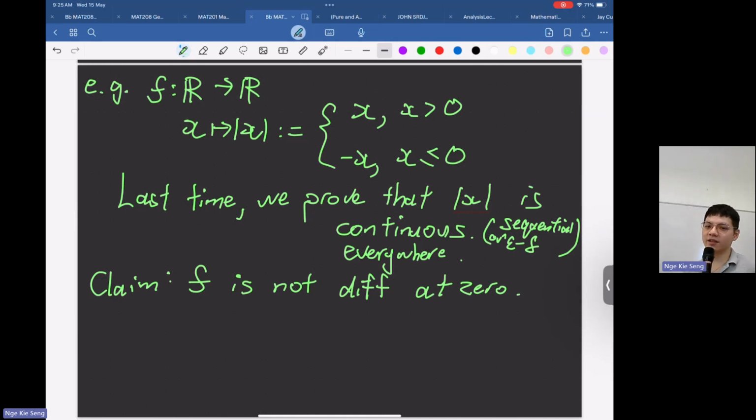So how to prove the limit of the secant doesn't exist? You need to find two subsequences that converge to two different things to show something is not converging. This is one way. Or you show that the limit diverges. There are a few ways. Last time we learned. So how to show a limit doesn't converge?